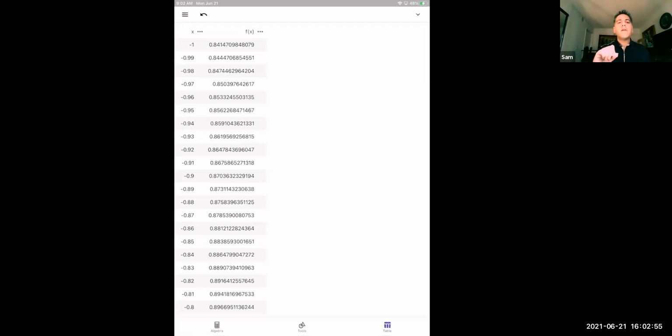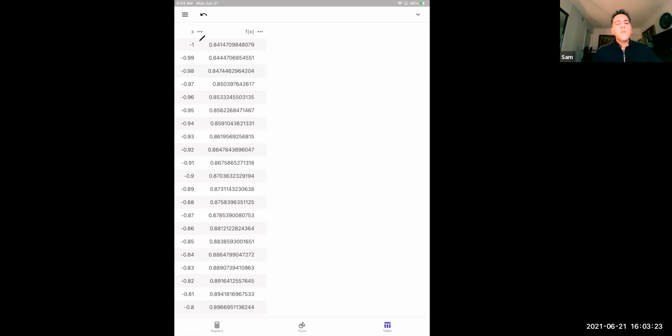Give me a second, let me see if I can annotate here. Yeah, so we have the first column. The first column are x values, and the second column is the value of the function.